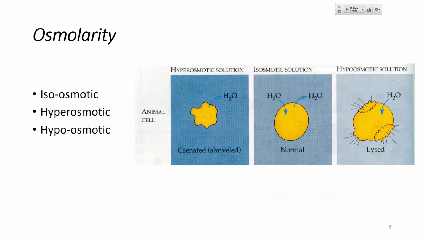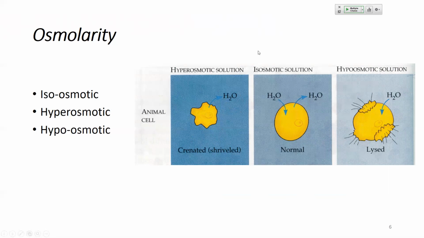So in the first scenario, we have a hyperosmotic solution, and this creates a gradient where water wants to move out of the cell simply because there's more solute in that solution outside the cell. Right? There's more solute outside the cell, hence there's a gradient where water wants to diffuse out of the cell, and what we get is shrinkage or shriveling of the cell.